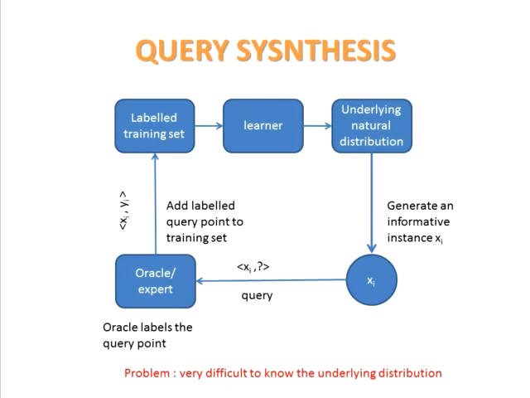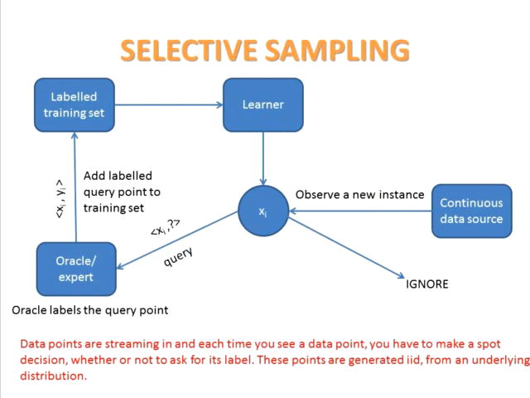However, this is not really possible because for this you need to know the actual underlying natural distribution, which you do not always know. So then come in the two other practical methods, first being selective sampling. Here you have a continuous data stream that's coming in. You get to observe only one instance at a time. When you observe an instance, you decide on the spot whether to ignore it or whether to query the oracle for its label.